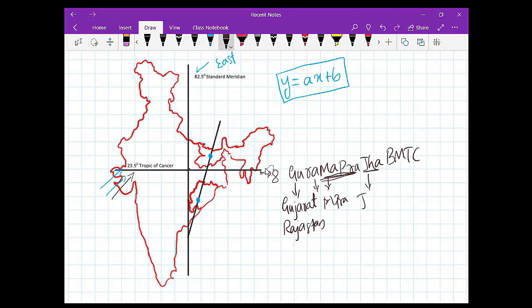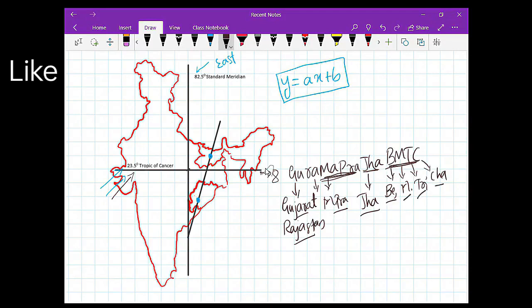This is the shortcut to remember the 8 Indian states. B means West Bengal, M means Mizoram, T Tripura, C Chhattisgarh. So Gujarat, Rajasthan, Madhya Pradesh, Jharkhand, West Bengal, Mizoram, Tripura, and Chhattisgarh. The Tropic of Cancer passes through these 8 Indian states.